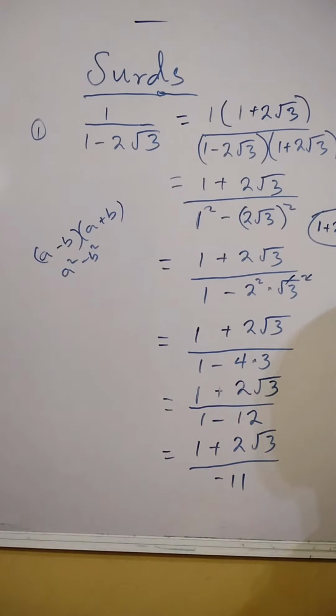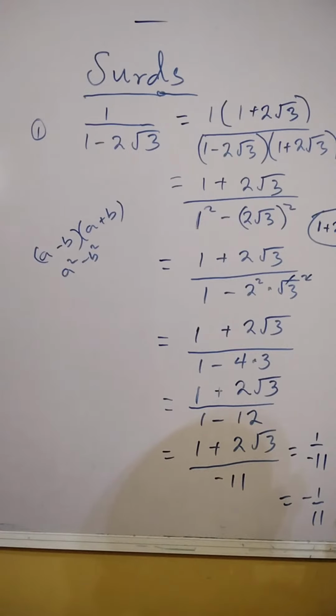And when we separate this, we can split this into two fractions. We have 1 over minus 11 plus 2 root 3 over minus 11. And 1 over minus 11, we can write that as minus 1 over 11. Then plus over minus, that's minus.